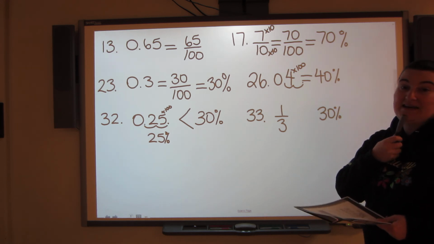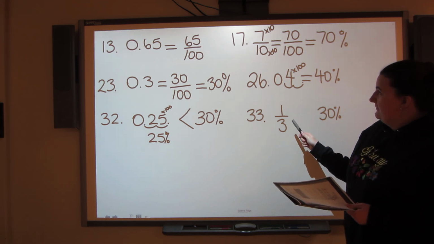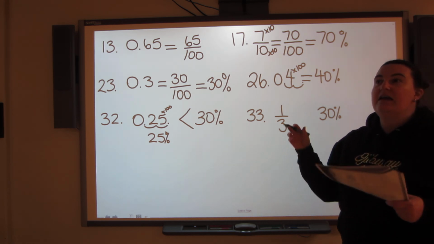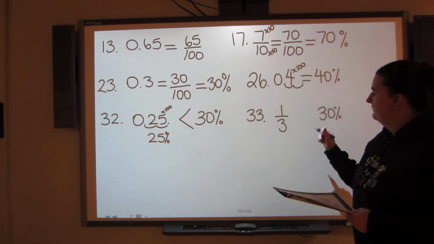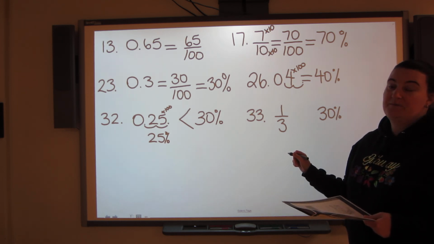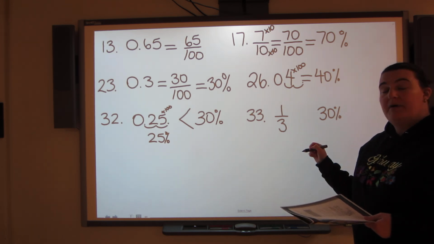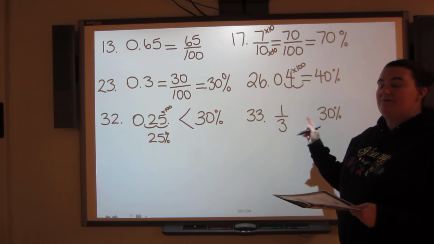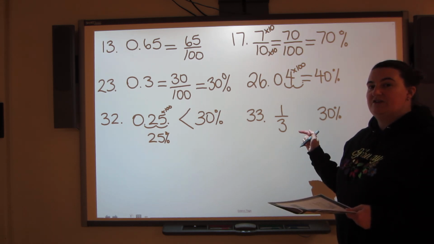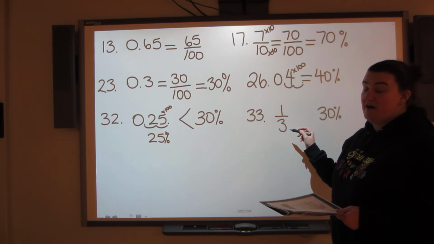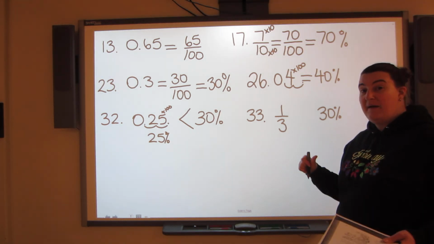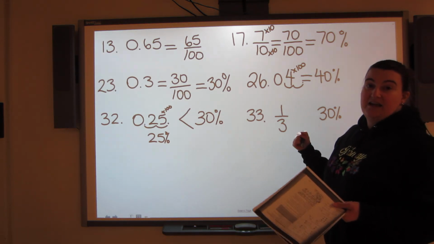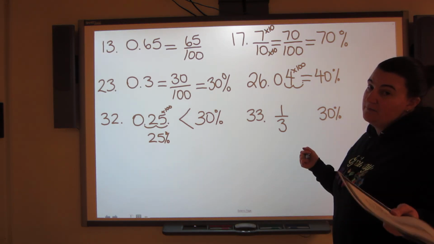If you remember from the lesson, changing a fraction to a percent, first of all, you want to see if there is an equivalent fraction with 100 on the bottom. But 3 is not part of my 100 math facts. So I can't find an equivalent fraction with 100 on the bottom. Whenever that happens, you're going to have to do it the second way. Not the easiest, still possible.